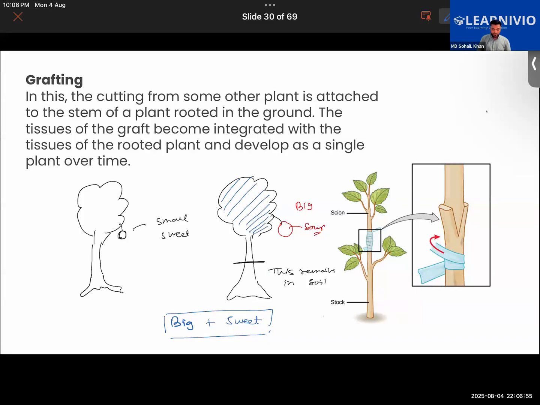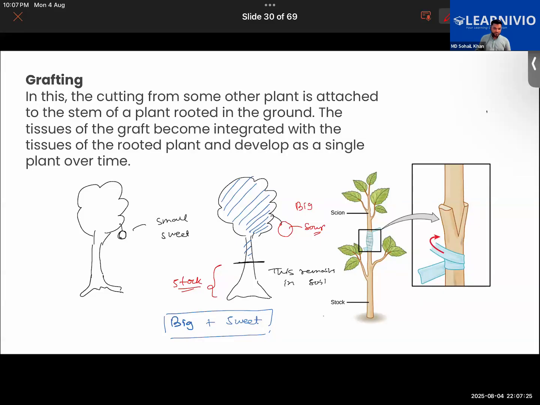The portion that remains rooted in the soil, I am calling the stalk. What am I calling this? The stalk, the part of the plant that will remain rooted in the ground. This part will take in all the necessary nutrients and water from the soil.